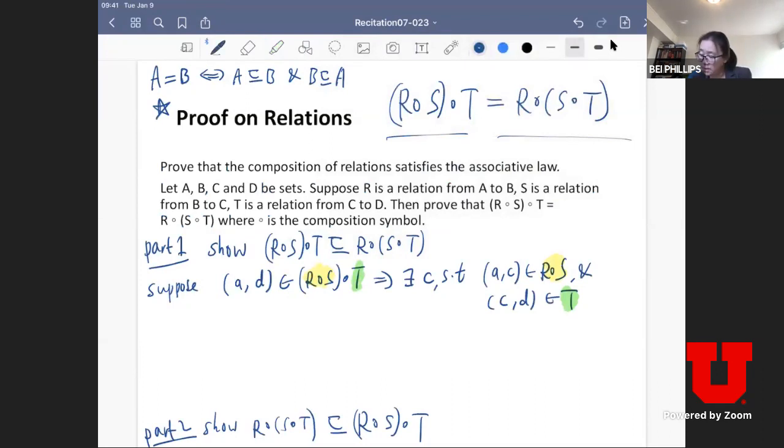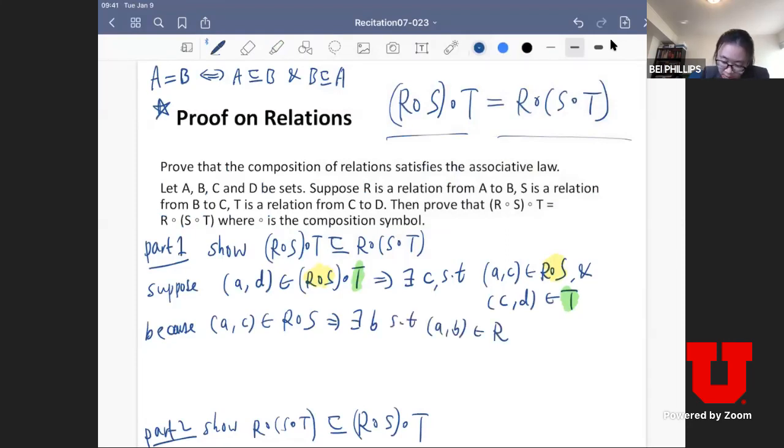That's the first thing. Now, because A of C belongs to R composed with S, I'm going to use the definition of composition one more time. That means there exists B such that A of B is in the first part of the relation, and B of C is in the second part.